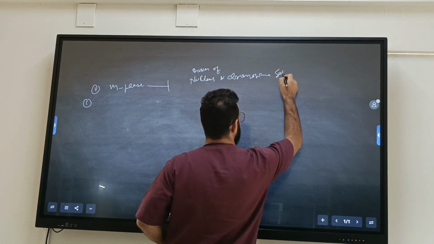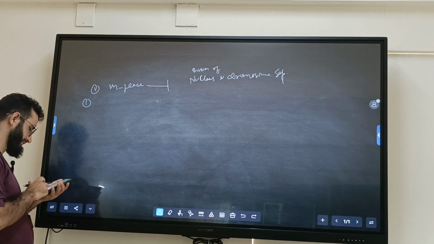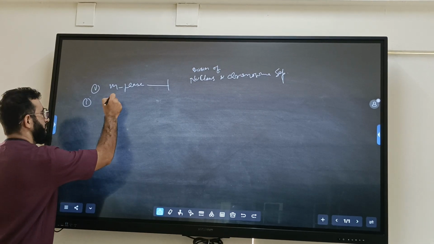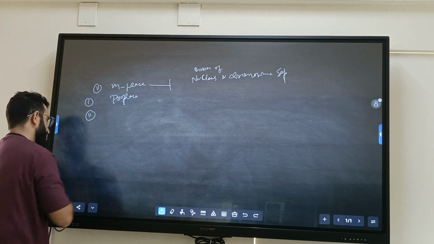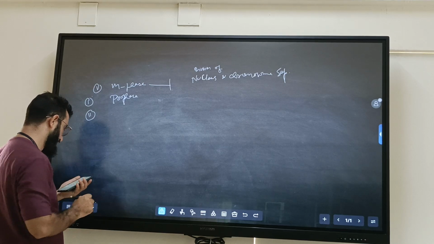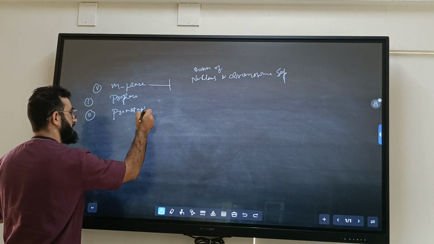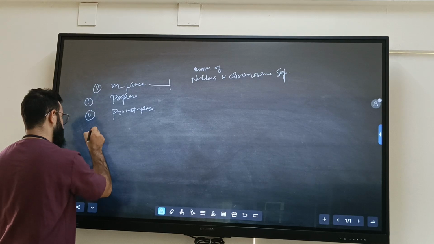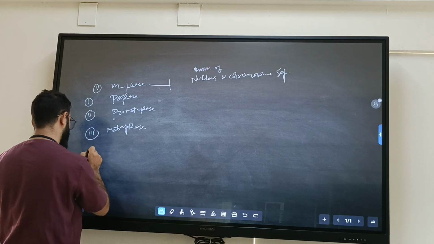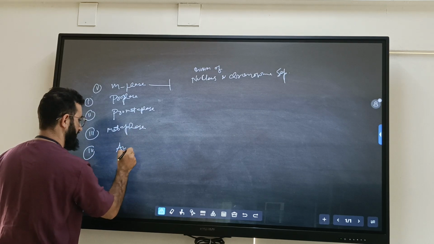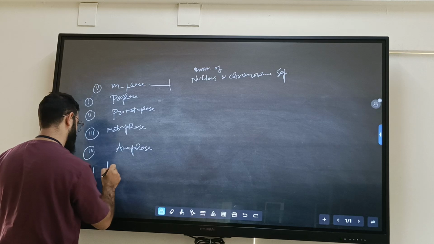So M phase is further divided into, first one is prophase, second one is prometaphase, third one is metaphase, fourth one is anaphase, and last one is telophase.